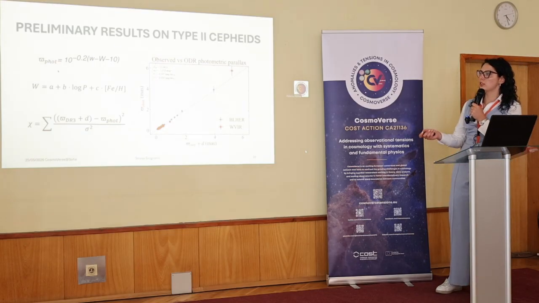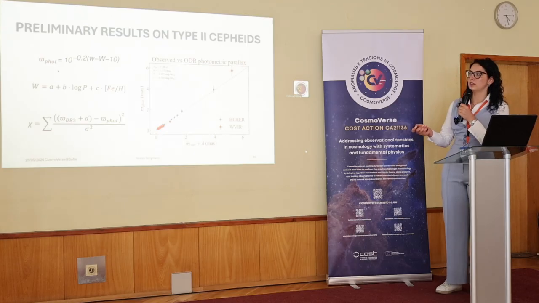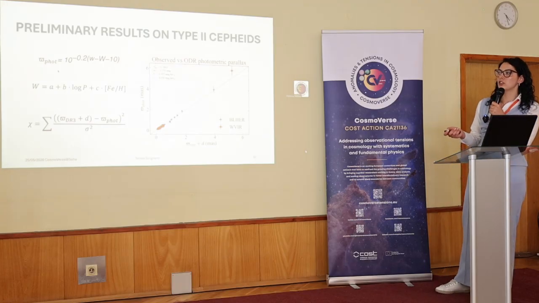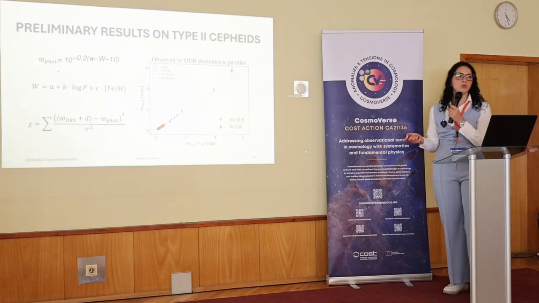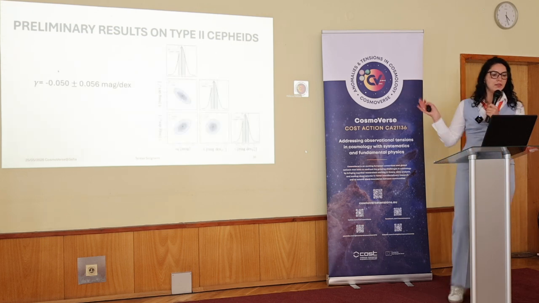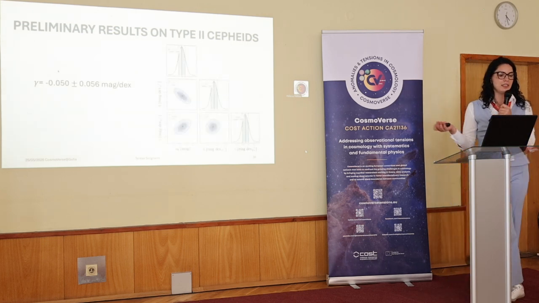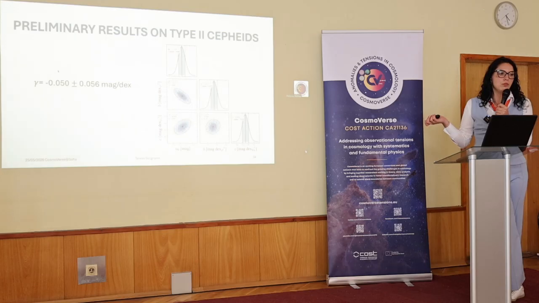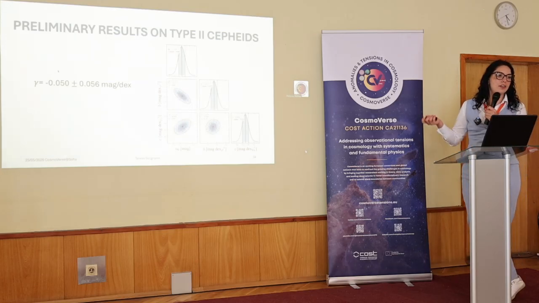And what we do is to compare at the end the metallicity and photometric parallaxes with Gaia parallaxes. And here you can also see that in the case of type 2 Cepheids, we need to correct the Gaia parallaxes because there is a small offset. And in the end, what we obtain, but this is just a preliminary analysis, is that the gamma term for type 2 Cepheids is negligible because it's comparable to the error.